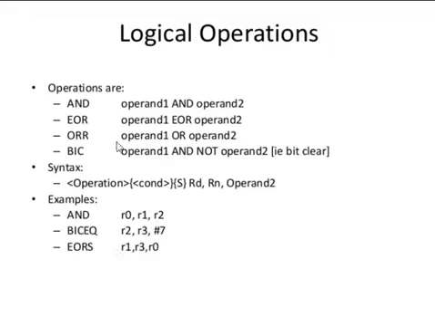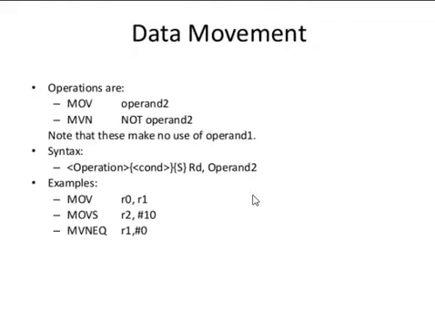EOR means XOR and ORR means OR operation. The syntax for that is operation{condition} Rd, Rn, Operand2. Data movement is simply movement of data from one register to another, or an immediate value stored in another register.